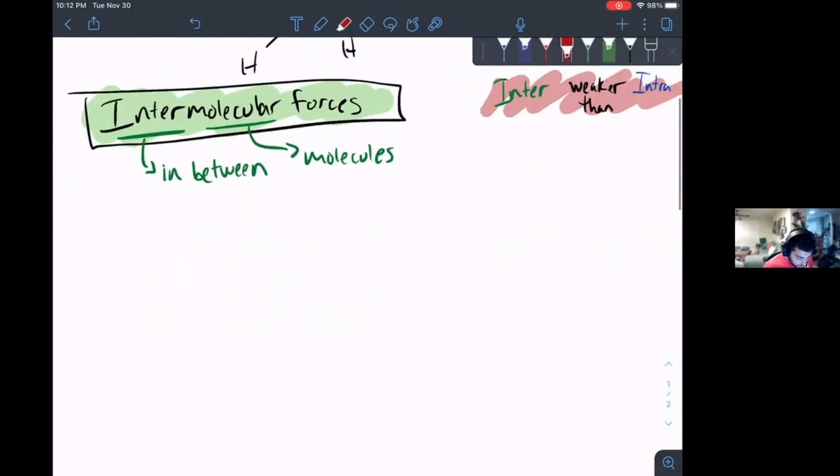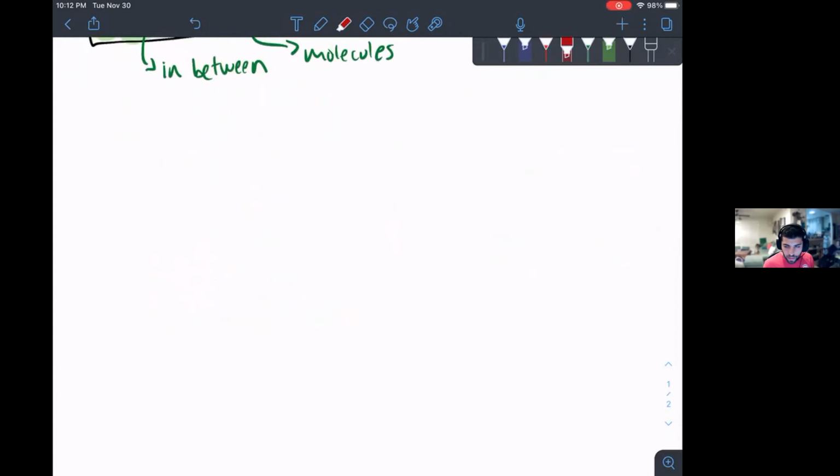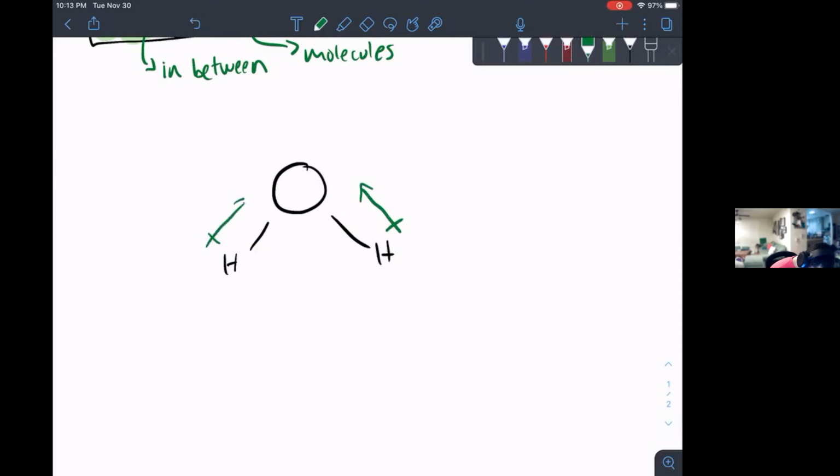So as we talk about intermolecular forces, we want to think back to, and actually I'm going to go back to water. We want to think about our dipole moments. So in water, we have a dipole moment going from the hydrogen to the oxygen, meaning the hydrogen is going to be slightly positive. The oxygen is going to be slightly negative.